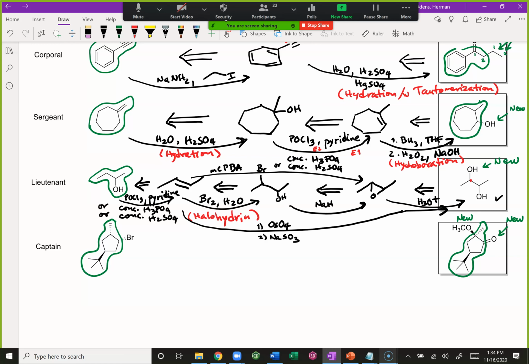All right, so let's dissect this. Notice that from my bromine, I envision an alcohol. It came from an alcohol, and then from the alcohol I oxidized it and made the carbonyl.